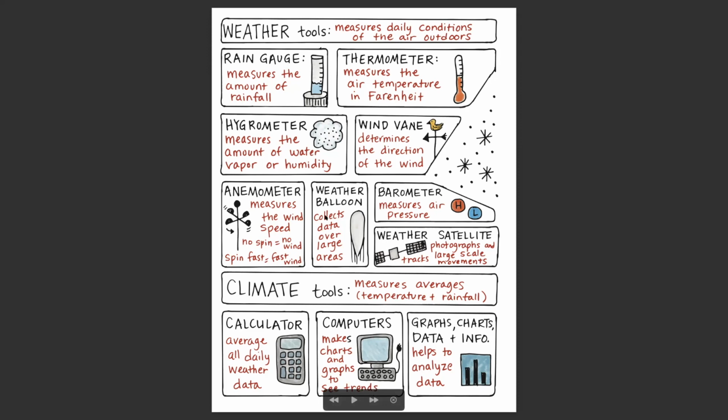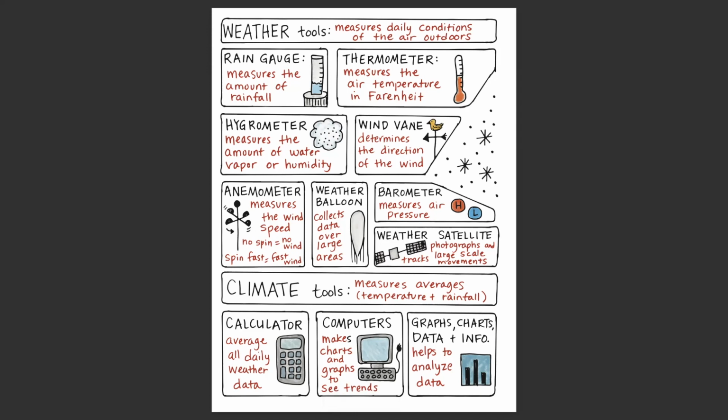And here's the thing. Why they're called climate tools is because we're taking the data from all of the different weather tools, right? Because weather is daily conditions, right? And we are going to put them all into a spreadsheet and figure out, okay, what is the weather like over a long-term basis?